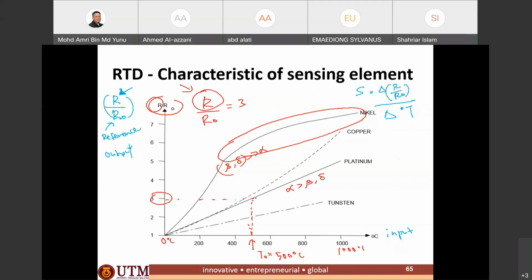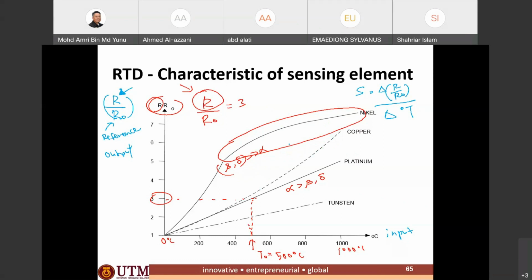As you can see here, platinum has a moderate sensitivity and a good linearity. Copper and nickel have a higher sensitivity, but they suffer non-linearity, especially at high temperature.